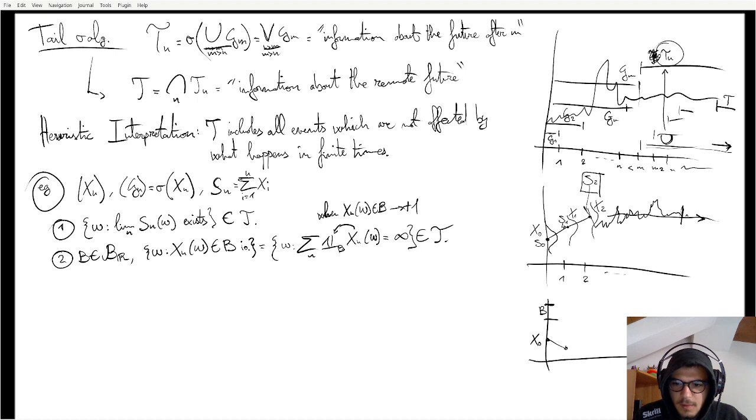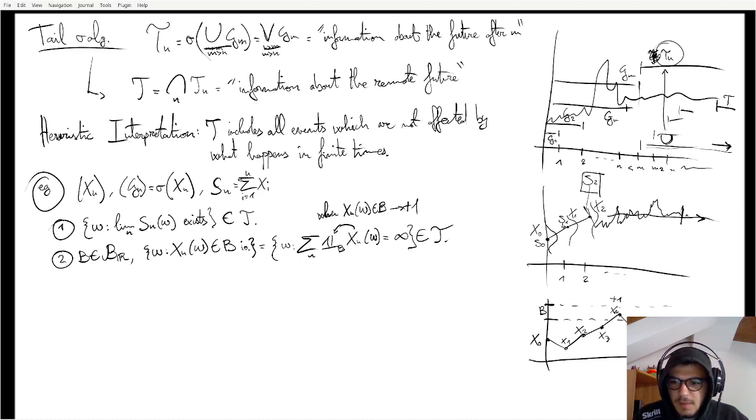Let's say it goes like this: x1, x2, x3, and then it goes like this, x4, so it falls into the set, and here we have a plus 1, so here we start counting.